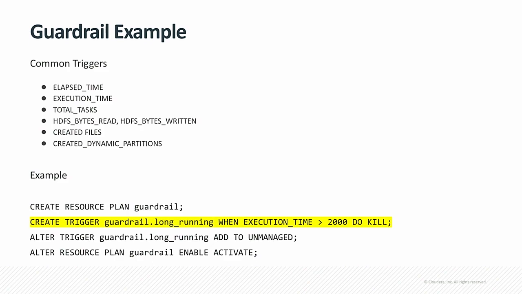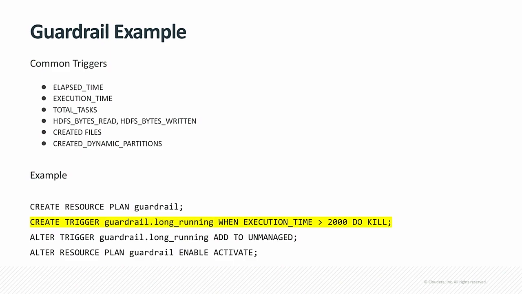For example, some of the conditions might be if the query is taking too much execution time, or you are reading or writing too many HDFS bytes, then you can set conditions where we'll take specific actions if we reach those conditions.